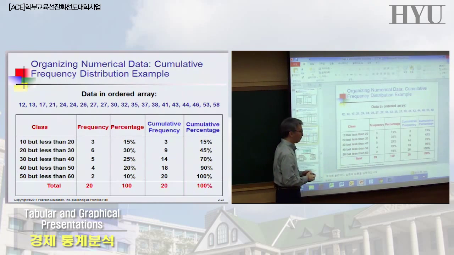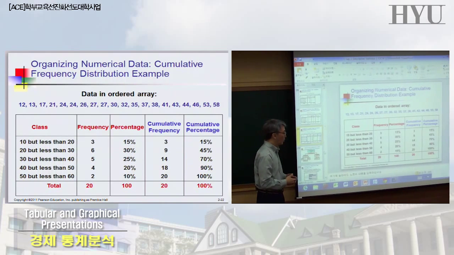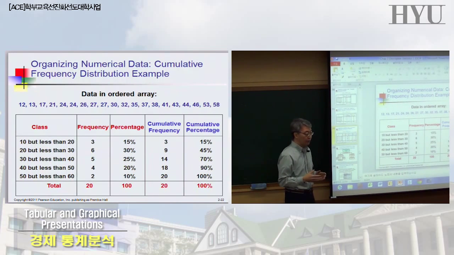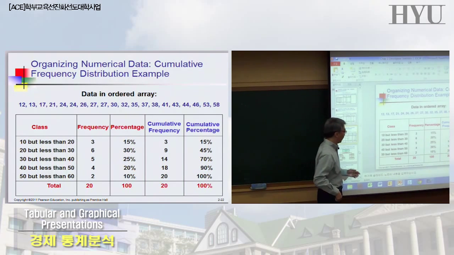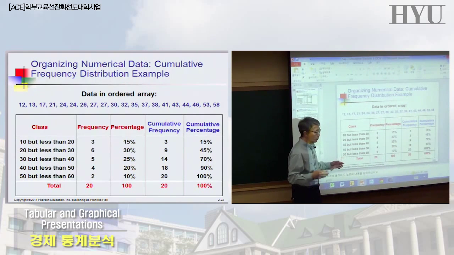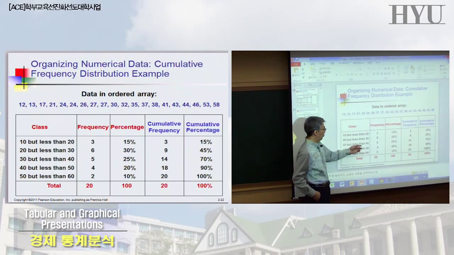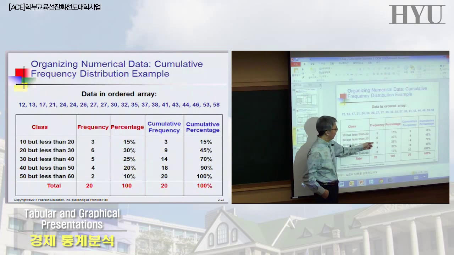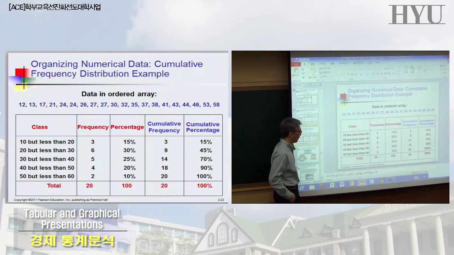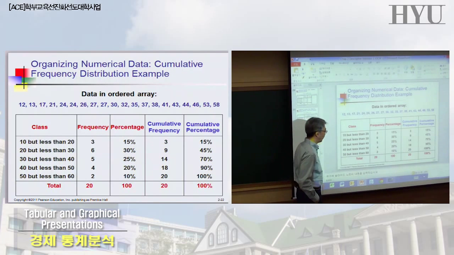But sometimes you want to know how many observations are found less than a certain number. So let's say out of all those 20 numbers, how many are less than 40? Then, of course, you have to add 3 and 6 and 5. So that will be the total cumulative observations.